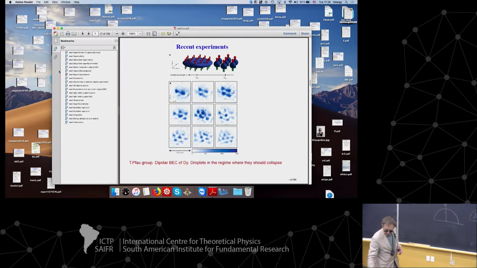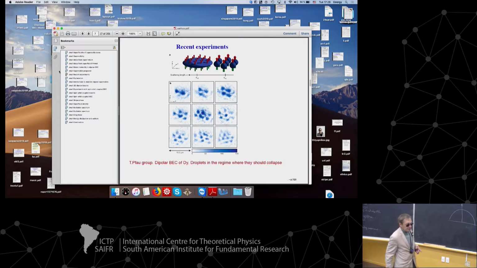But what is interesting, and I will continue with this later, is the experiment. Tilman Pfau did experiments with dysprosium atoms, which is a strongly magnetic atom with a magnetic moment of 10 Bohr magnetons. And what he obtained experimentally were droplets of these dysprosium atoms.